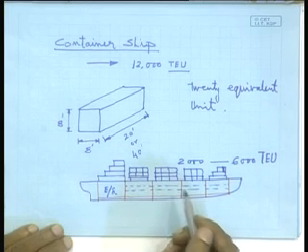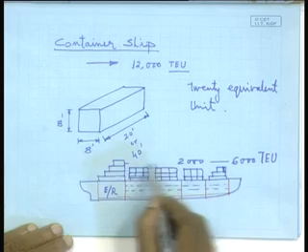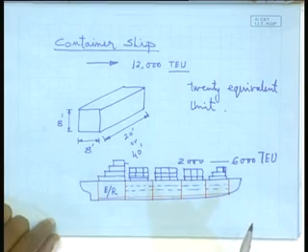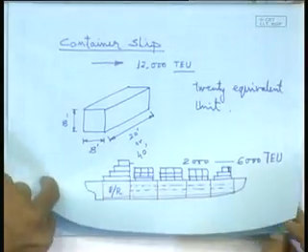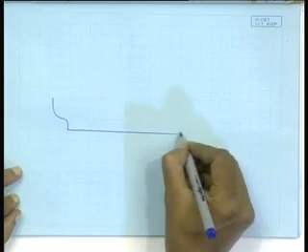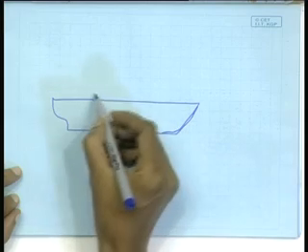The thing is, from the wheelhouse deck, your line of sight, your visibility, should be perfect. Here that gets affected, isn't it, if there are containers? Anyway, let us draw a small one.